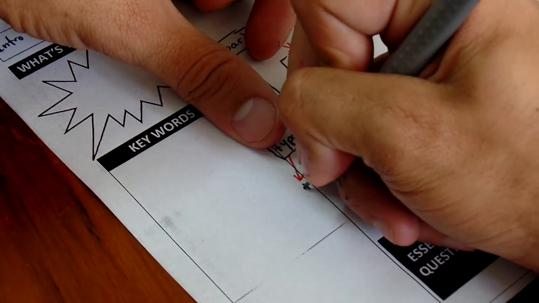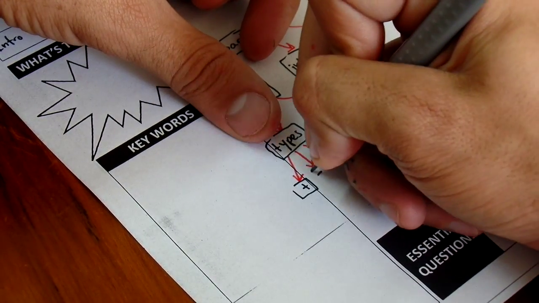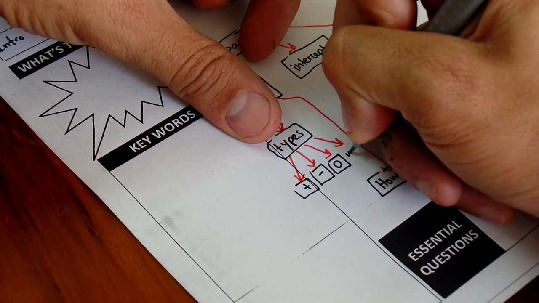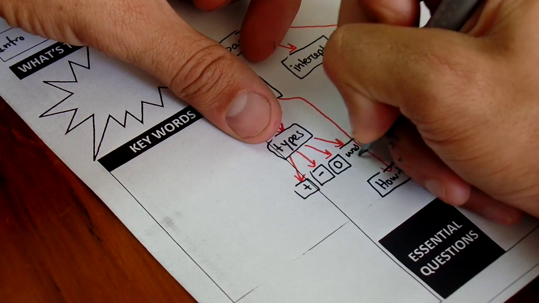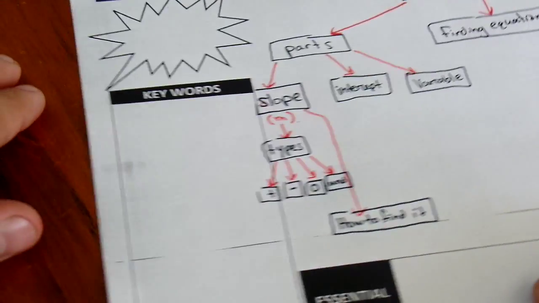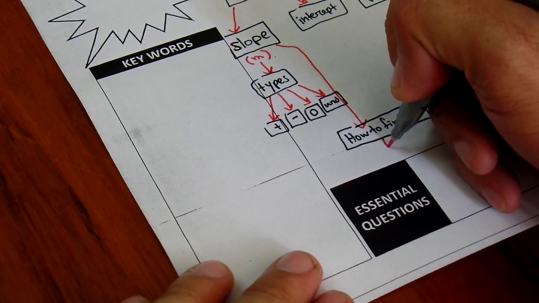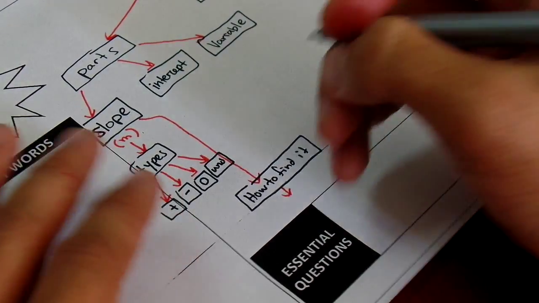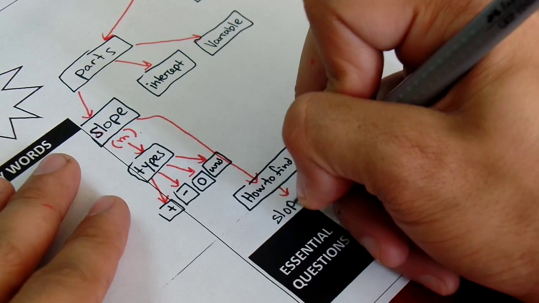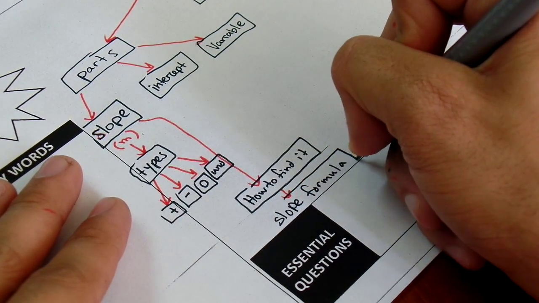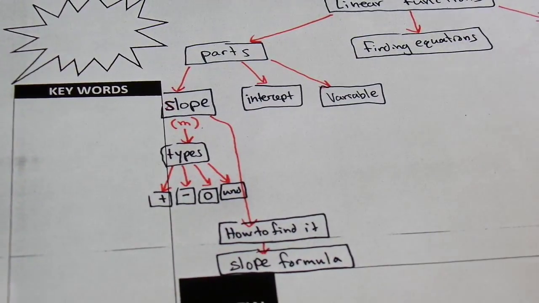We have positive, negative, 0, and what's called undefined. Look at that more later. And how we find it, you're never going to guess it. Slope formula. Again, you're going to learn all about this.